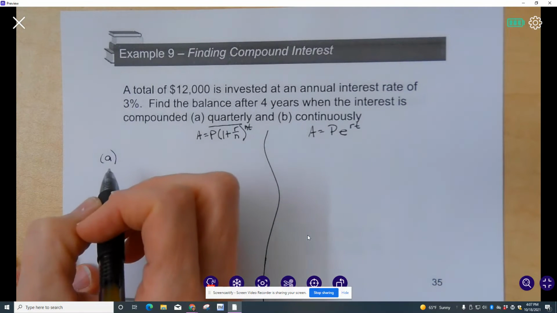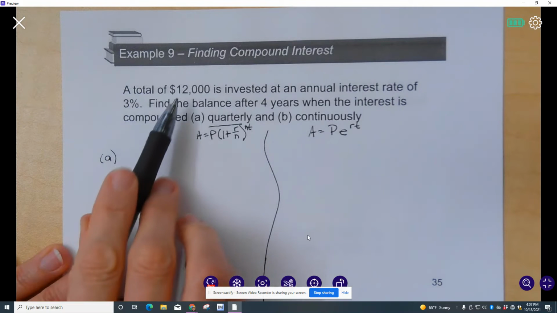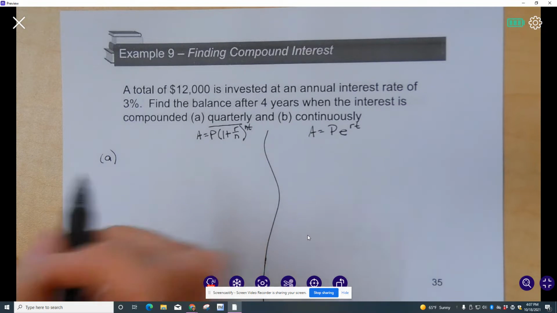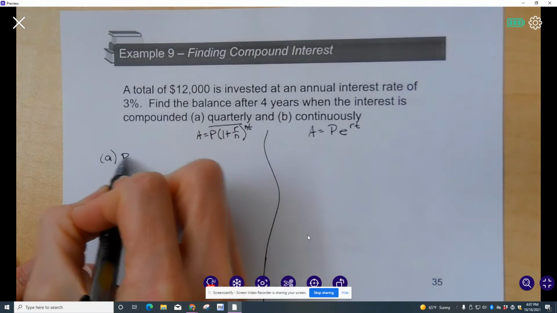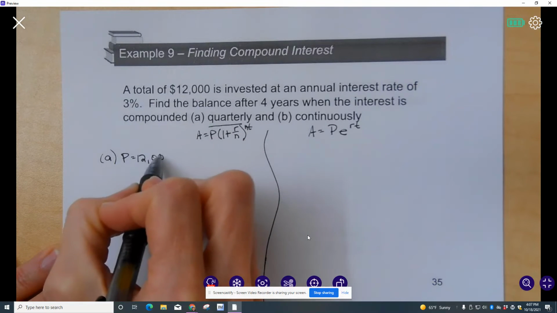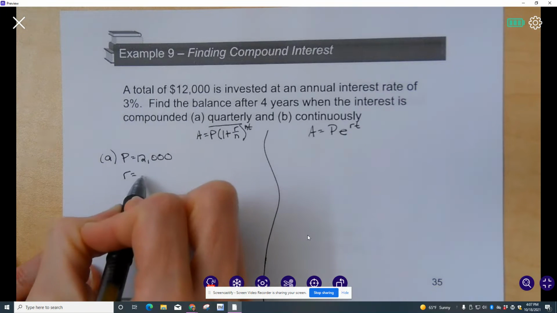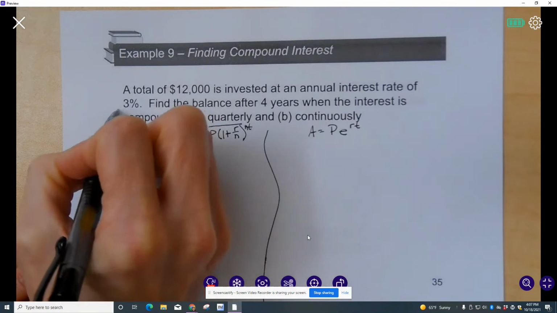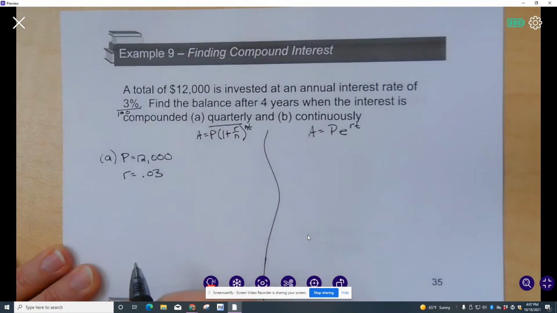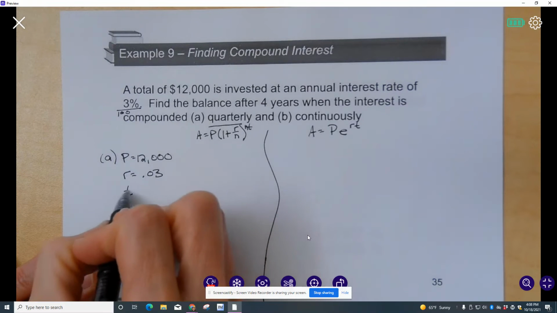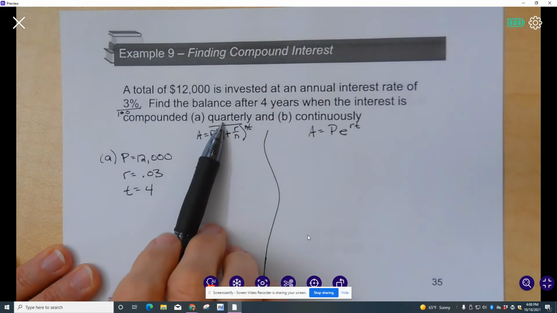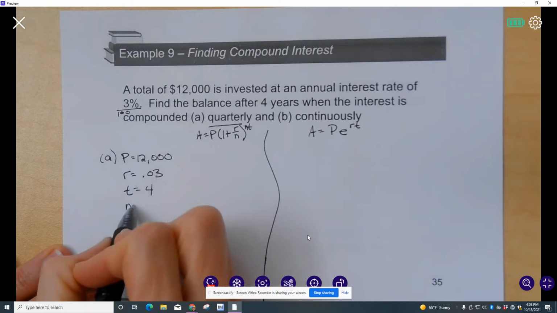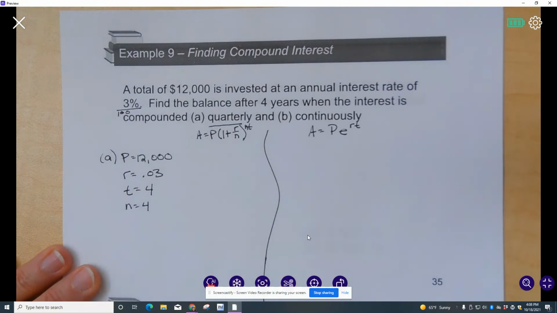So part A, example 9: my initial amount is 12,000. My R is 0.03, so I already divided this by 100. My T is 4 years in both examples. And I'm compounding quarterly, so my N is 4.